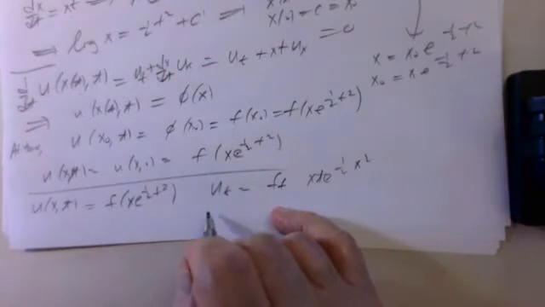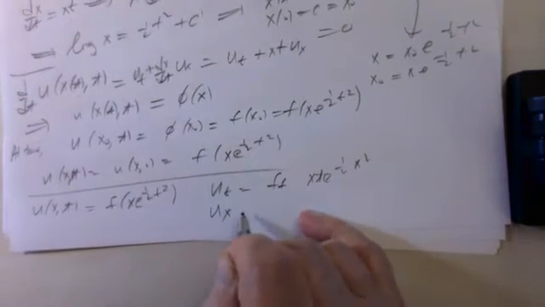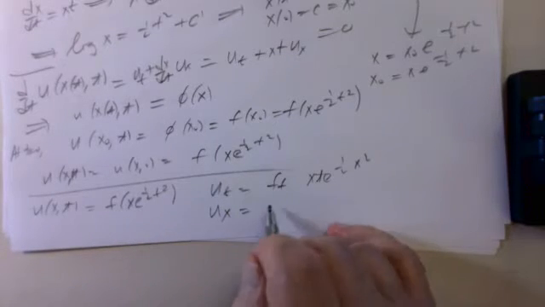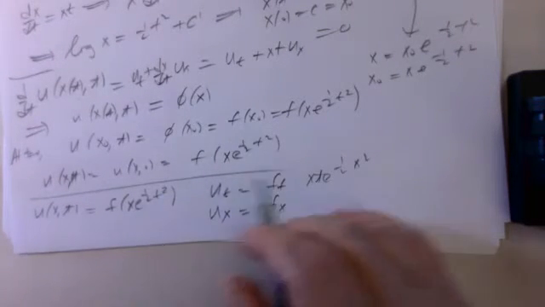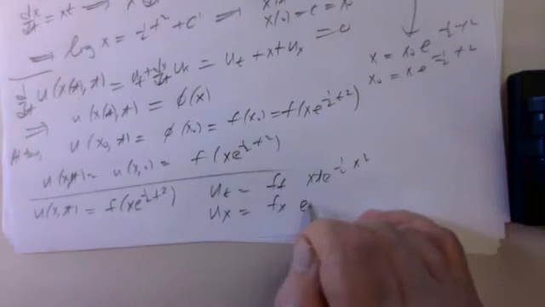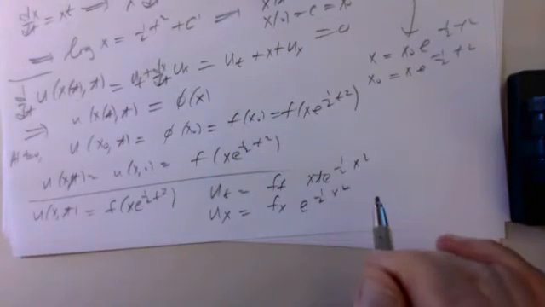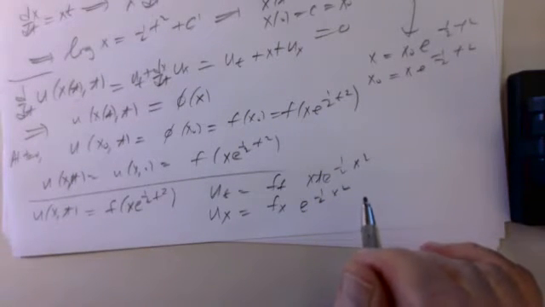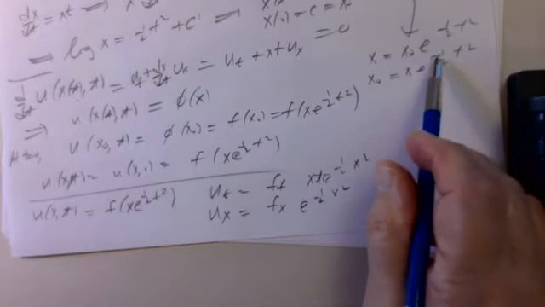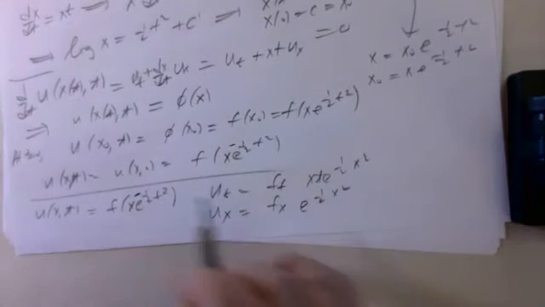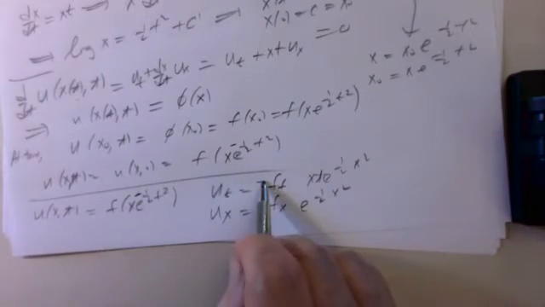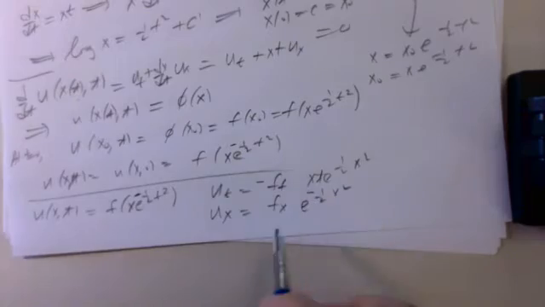And the partial of u with respect to x is the partial of f with respect to x times the derivative of this with respect to x, which is e to the minus 1/2 t squared. So I've lost a minus sign somewhere. That's here, minus. Minus. So this is minus this, and this is correct.